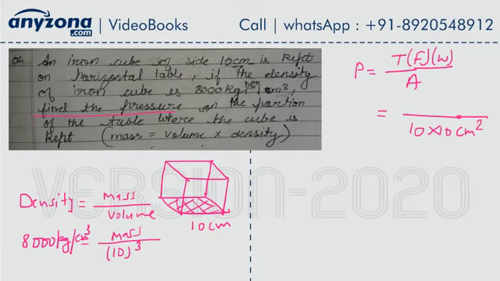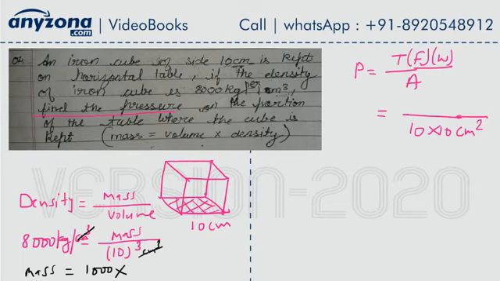Okay, per cm cube. Now what will be the mass? So you can find the mass. Mass is equal to volume into density; the unit is cm cube, so cm cube cancels.